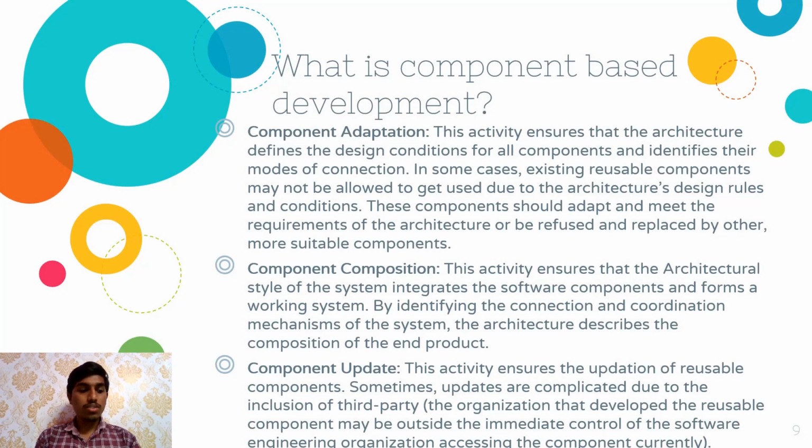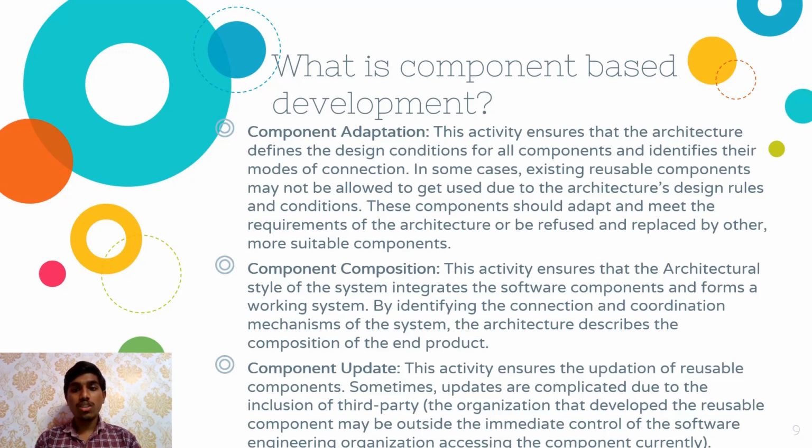Component adaptation. This activity ensures that the architecture defines the design conditions for all components and identifies their modes of connection. In some cases, existing reusable components may not be allowed to get used due to the architecture's design rules and conditions.